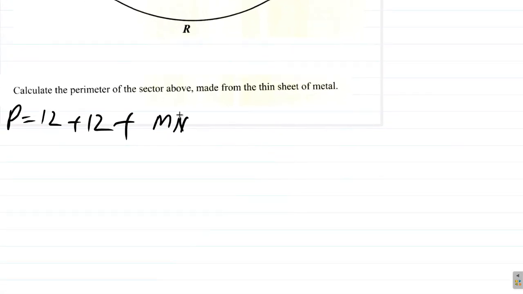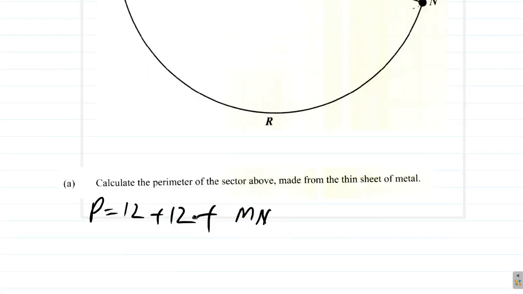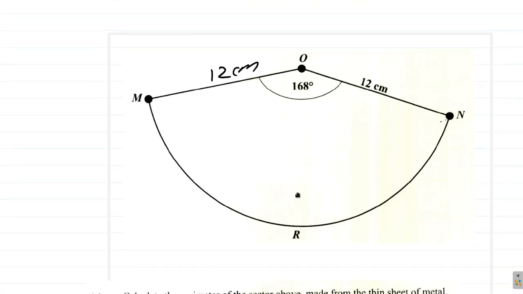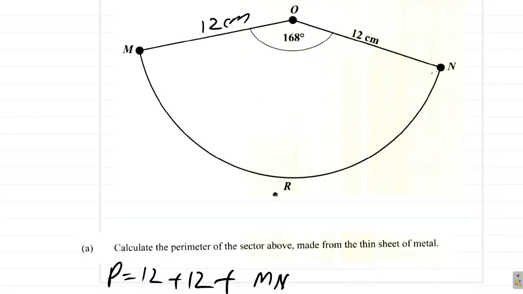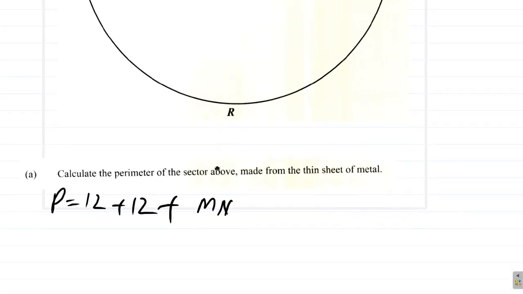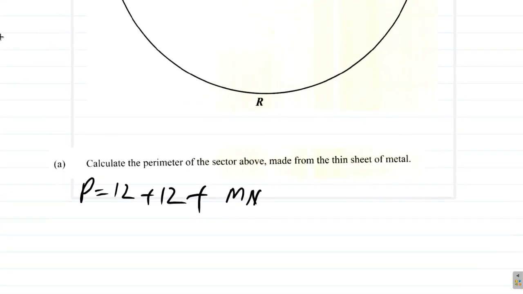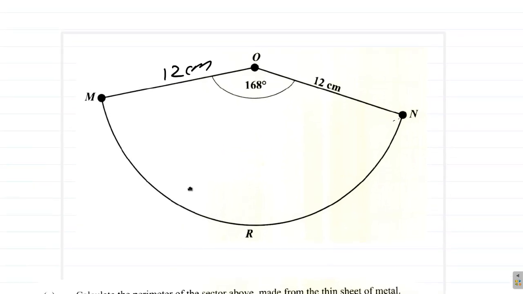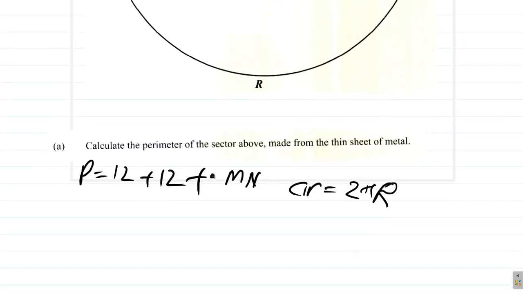Now, in calculating that arc, remember this arc is part of the circumference. Alright, but what proportion is it? Well, the full circumference would be 2 pi r. You have to remember that formula is 2 pi r.